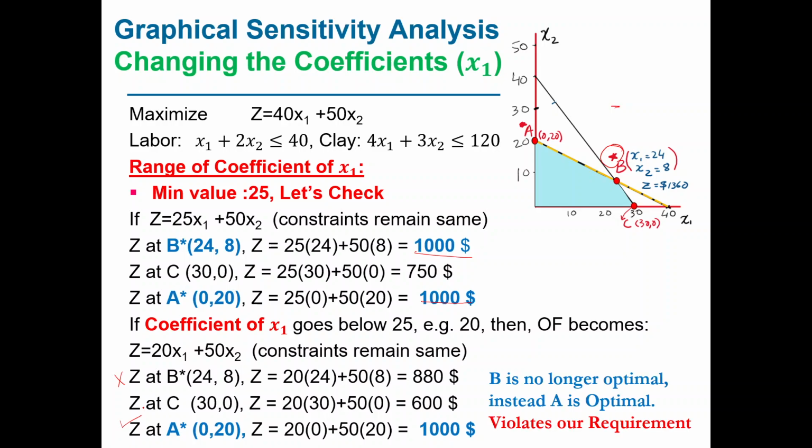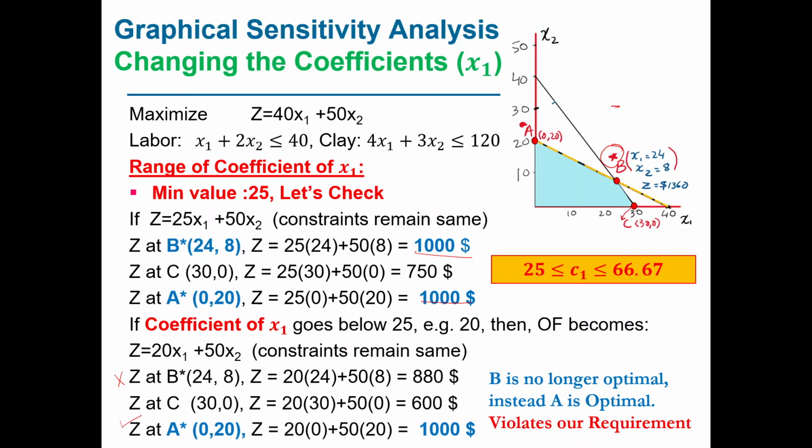Now this is against our requirement. This is violating our requirement, and B is no longer an optimal point, which was our requirement in the first place, that the original optimal point should remain optimal. Instead, point A has become optimal.